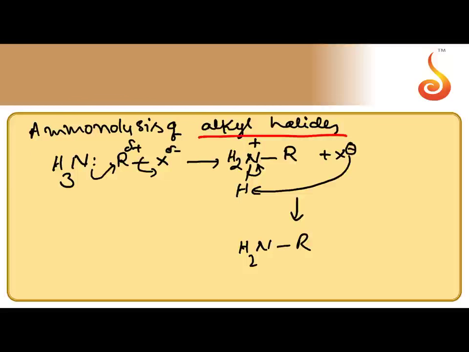Ammonolysis of alkyl halides, another method. So ammonolysis meaning ammonia molecule undergoing breaking. Ammonia molecule is broken. If NH2 and H both are broken and alkyl group is introduced into the ammonia molecule. So when alkyl halide is added to ammonia, what happens?